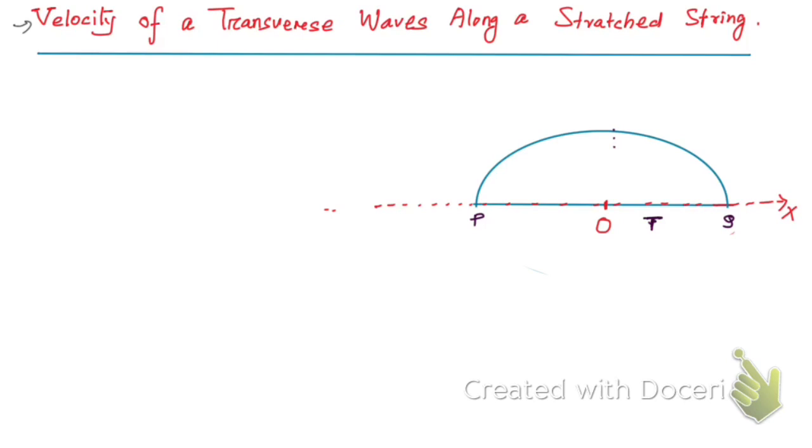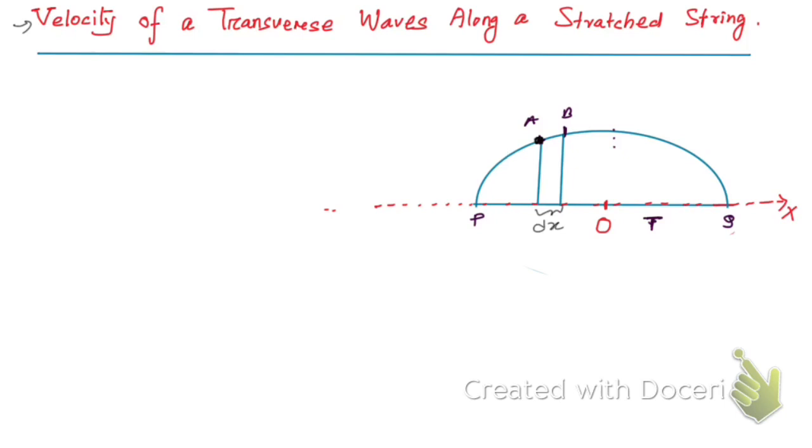Now let us consider a very small length element of this stressed string. That is, suppose, AB. Let me take this as A, this point is B, right? And the width of this is, suppose, dx, very small. Now you see, the tension at this point A, due to this part, will be in this direction.